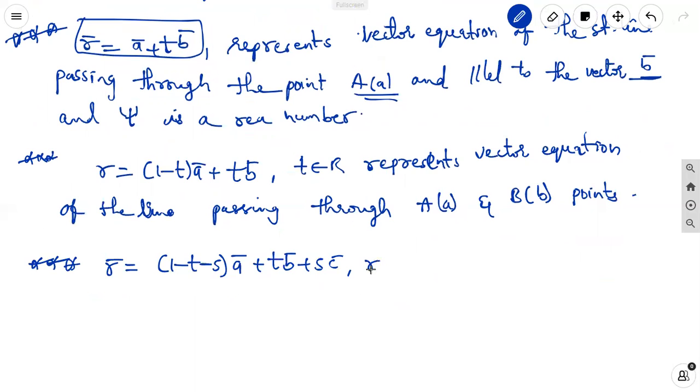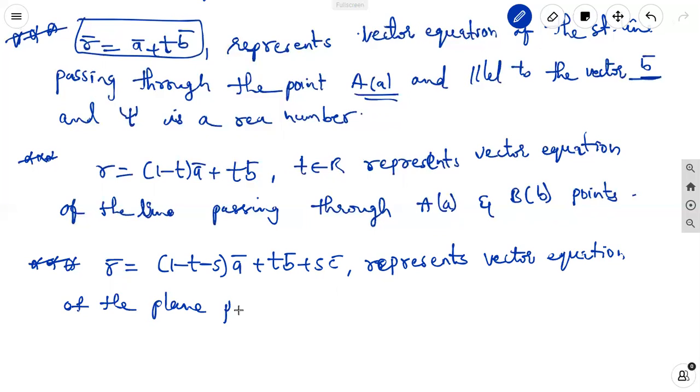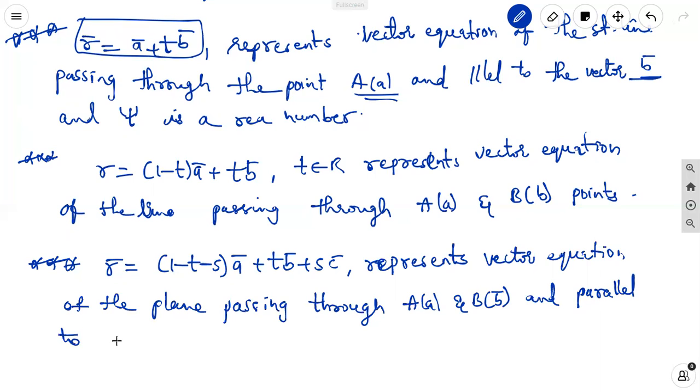It represents the vector equation of the plane passing through the two points A and B and parallel to the vector C.